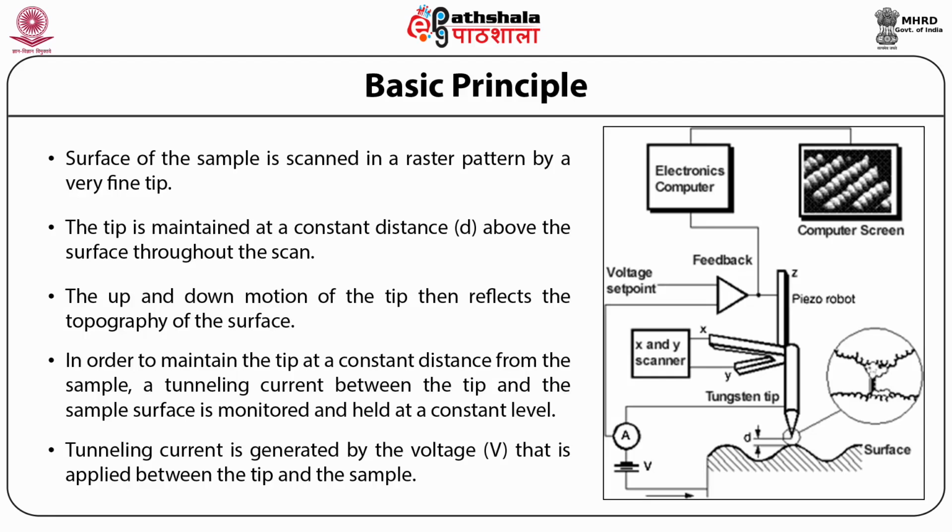When a conducting tip is brought very near to the surface to be examined, a bias voltage difference applied between the two allows electrons to tunnel through the vacuum between them. The resulting tunneling current is a function of tip position, applied voltage, and local density of states of the sample.